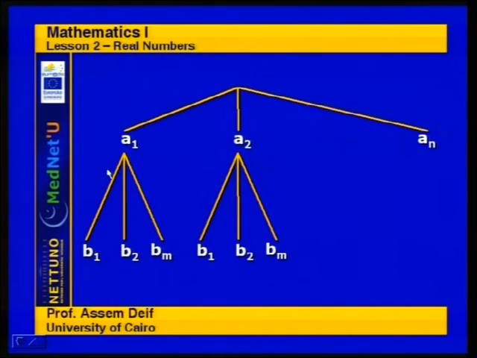For example, for this branch here, it's A1 times B1, and the set B comprises all the elements from B1 to Bm. So A1 goes with B1, then A1 goes with B2, until A1 goes with Bm, and same thing with A2. So the number of secondary branches pertains to the overall A cross B.